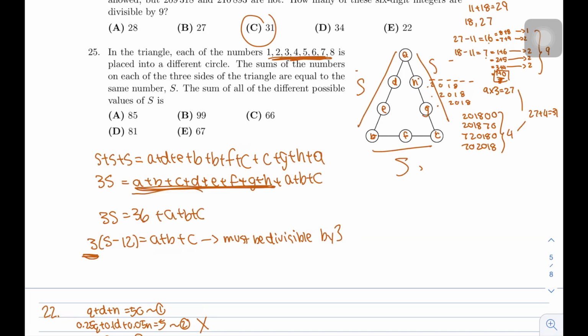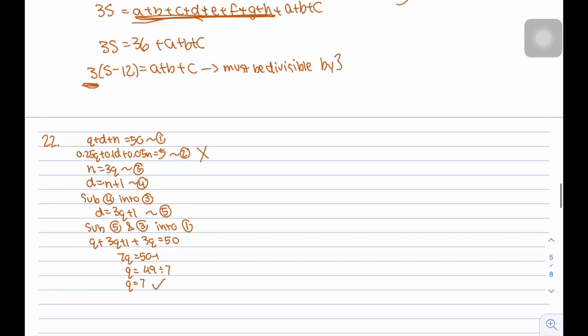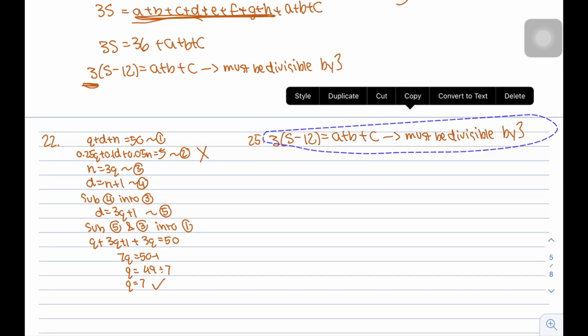So then I'm going to move this equation down to have more space.